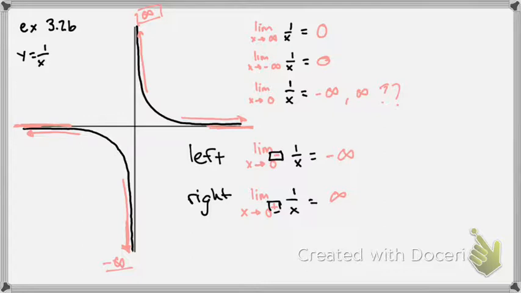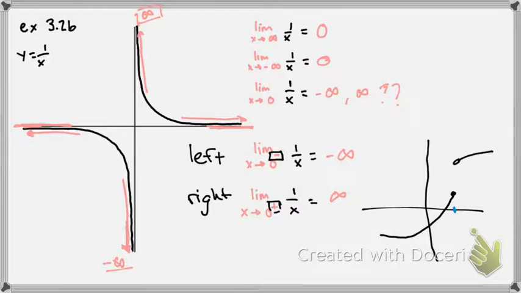So to give you a couple more examples, I'll just draw a little graph right here. So let's say that this is a graph right here, and this is 1. This is x equals 1. So if we wanted to say, well, what's the limit as x approaches 1?